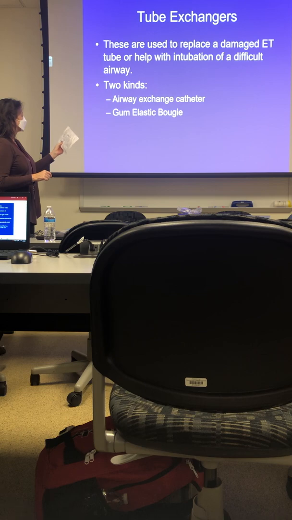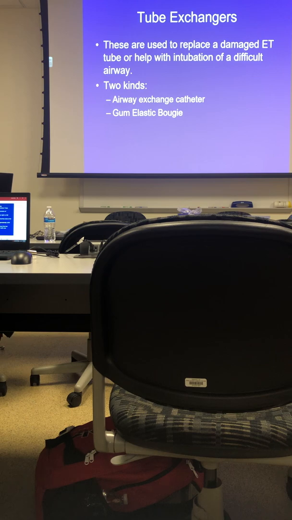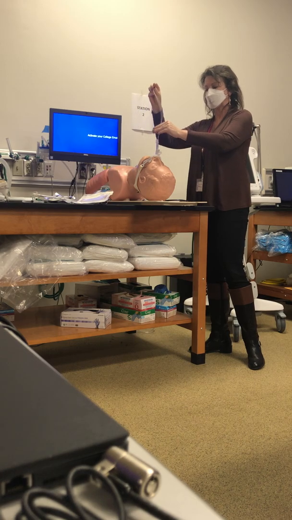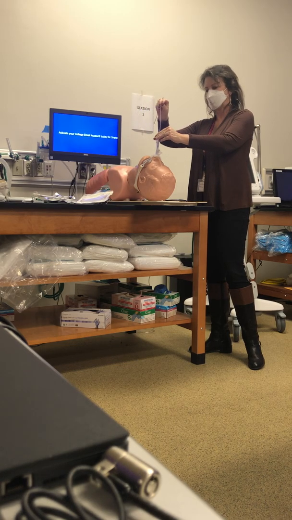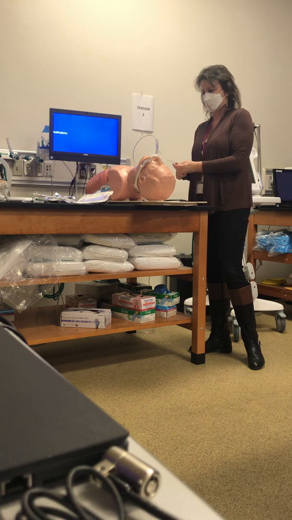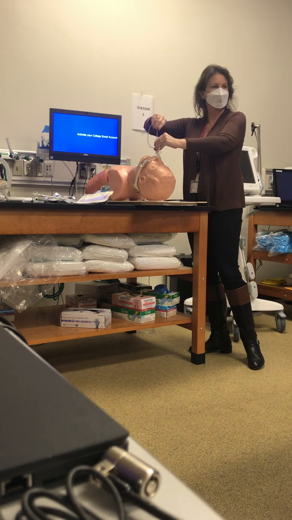So the bougie is one that we use all the time. This would be a tube exchanger. You have an open patent airway all the way to the trachea right now. What they would do is place this in, all the way in, and then deflate the cuff, and they pull the tube out while pushing this in.